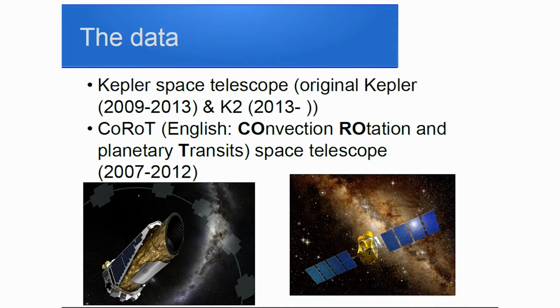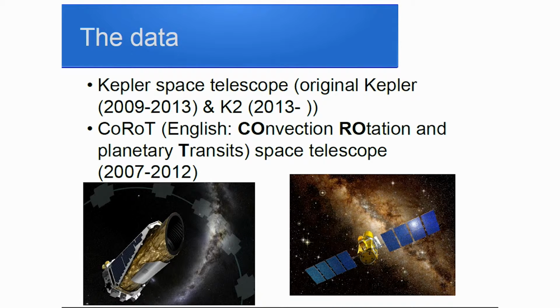So Gabor has mentioned the Kepler and Kourou space telescope missions. Both of them were created to find exoplanets, but eclipsing binaries are not that much different from transiting exoplanets. There are just 2 eclipses and the objects are much bigger.